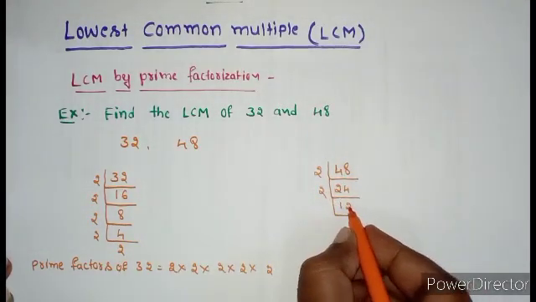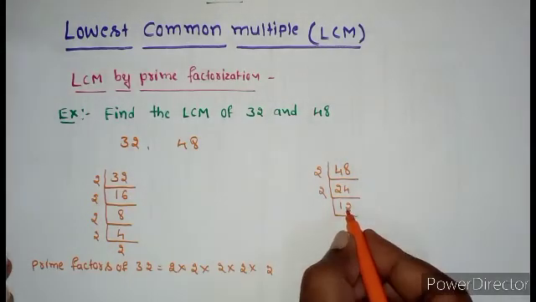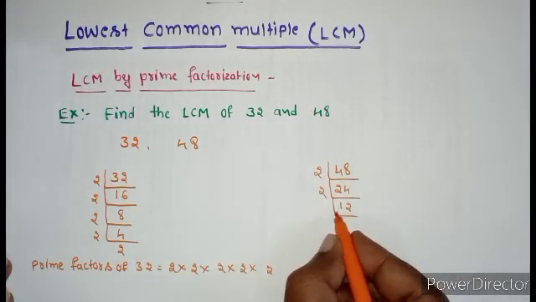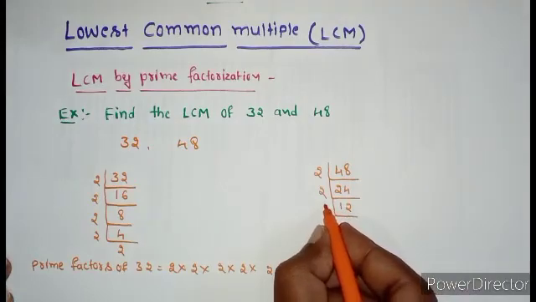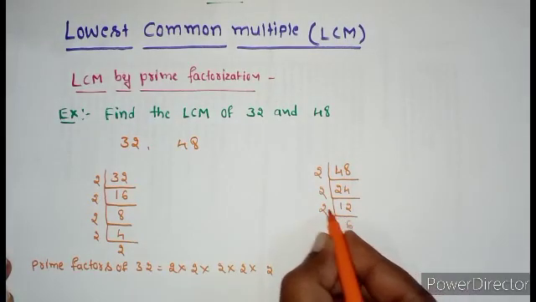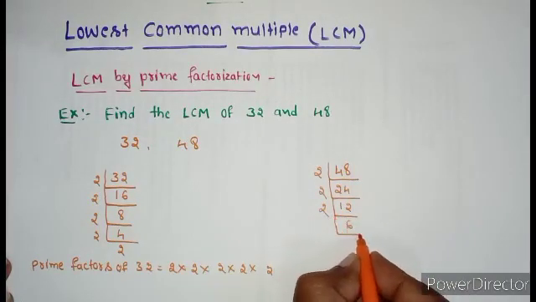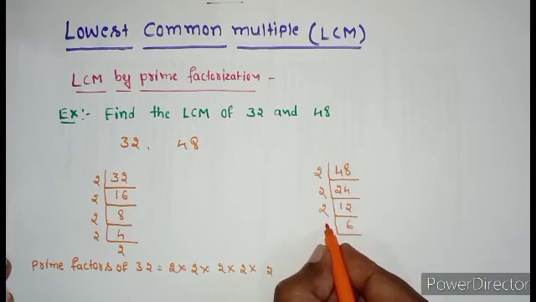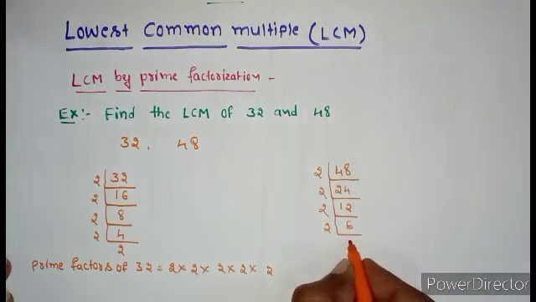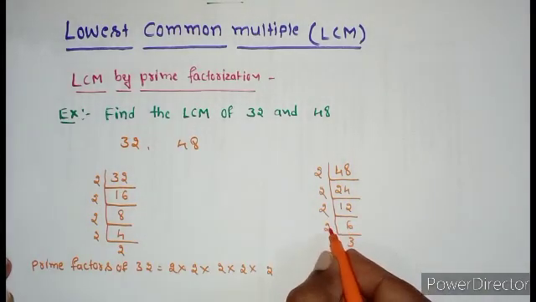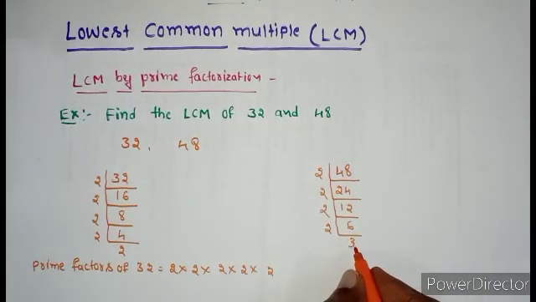Again here in the ones place 2 is there, so this number is divisible by 2 only. 2 6s are 12, and here 6 is again divisible by 2 only. 2 3s are 6, and here 3 is the prime number, right?